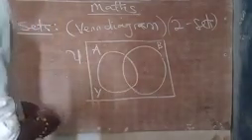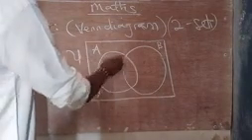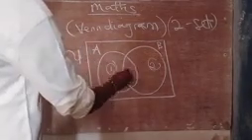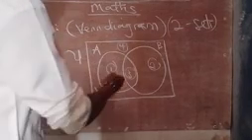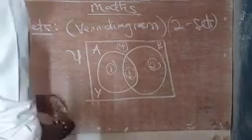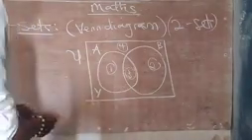So there are four components here. This portion is 1, this portion is 2, this portion is 3, and what is not in either of the two sets is 4. So we have four compartments of a two-set problem. Let's look at what each compartment represents.